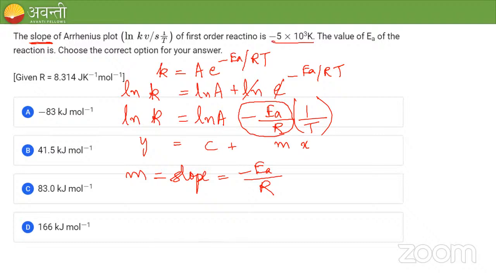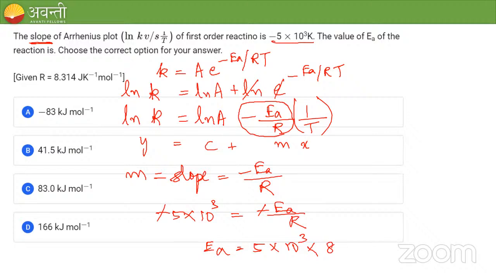So substitute minus 5 into 10 power 3, which is equal to minus Ea by R. So minus minus will get cancelled out, and keep Ea one side and bring R to the other side. Substitute the value of R.